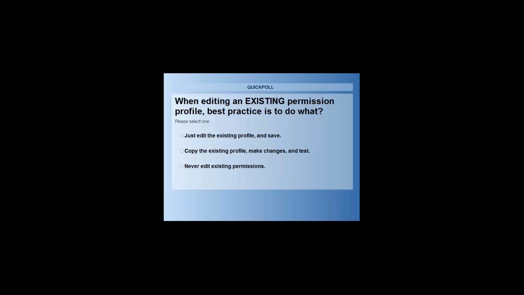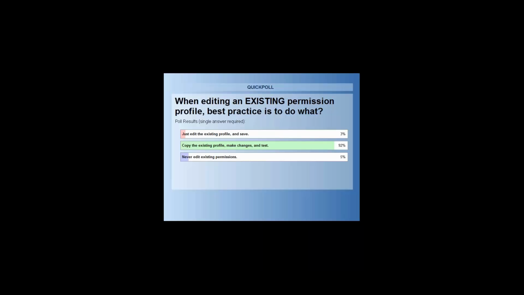So I'm going to go ahead and close this because we're right on our last minute and share. And sure enough, 3% said just to edit and save, 92% said to copy, change, and then test, and 5% said never. And the answer is to copy that existing permission profile first and make all the changes on that copied profile, and test it before you make it final.